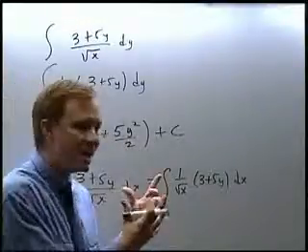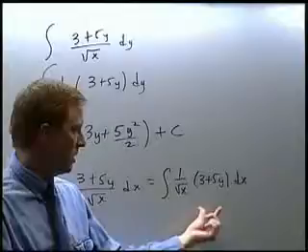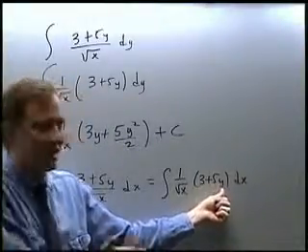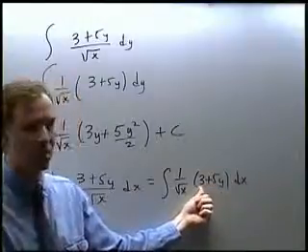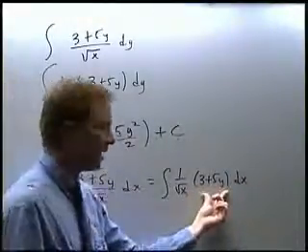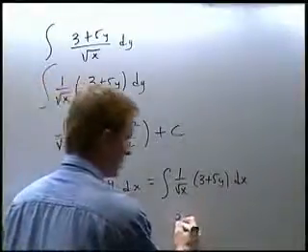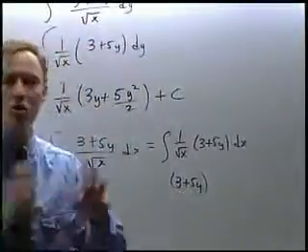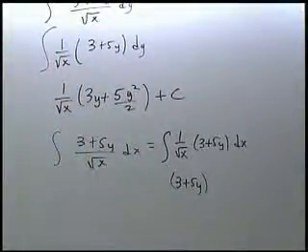If y is just a number, isn't this whole thing a constant then? If I take a number and multiply it by 5 and add 3, that's just another number, isn't it? So all of this is my constant this time. I just leave the 3 plus 5y out in front. I don't have to do anything with it because it's my constant this time.